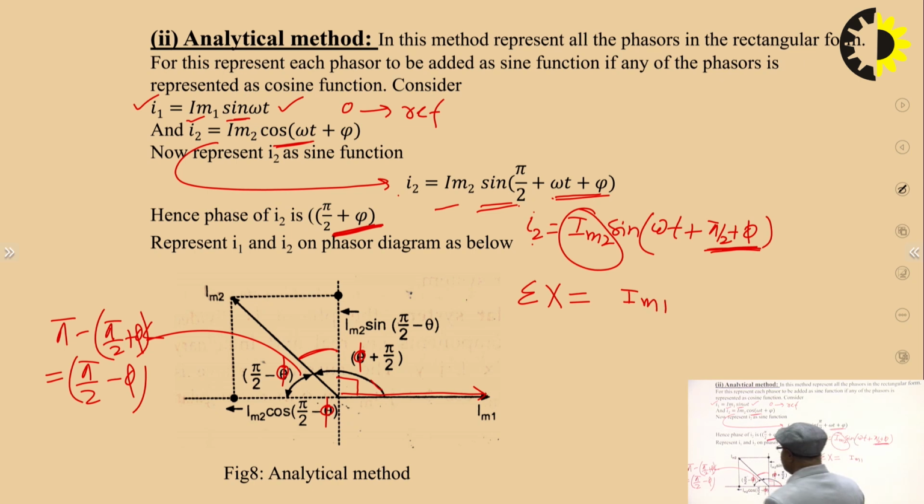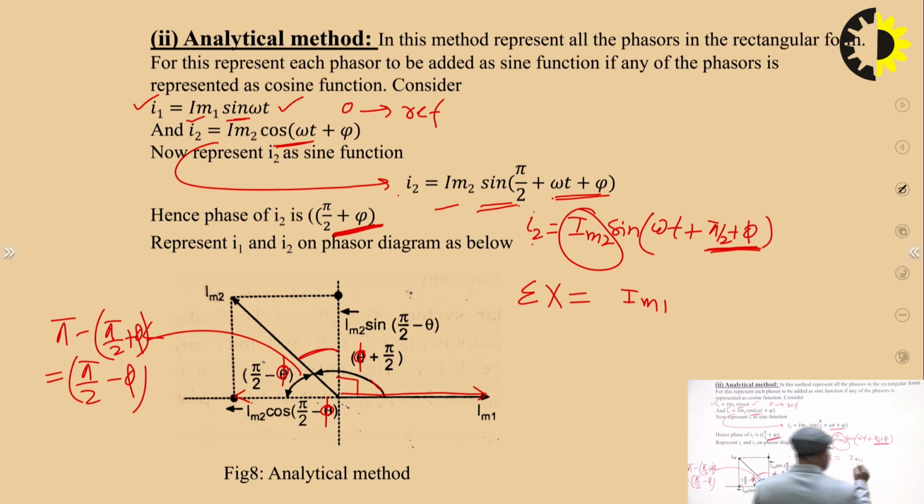The component of the first quantity along the x axis is this one. And what will be the component of this quantity along the x axis? You can very easily see that this is IM2 and this angle is pi by 2 minus phi. So the component of this along the x axis will be IM2 cos of pi by 2 minus phi.